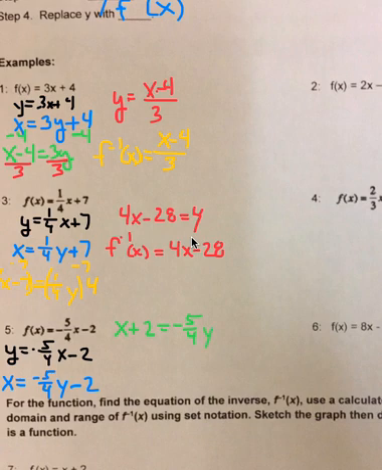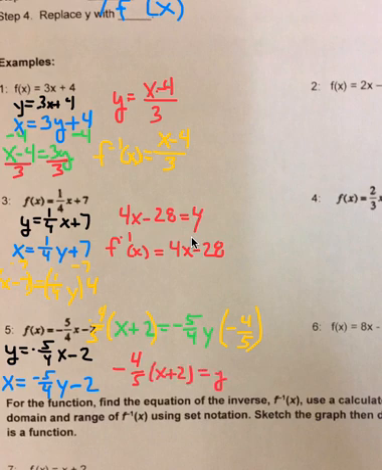Now how do I get rid of that negative 5/4? I multiply both sides by negative 4/5. And that will give me negative 4/5 times x plus 2 equals y, which is f inverse of x. Okay?